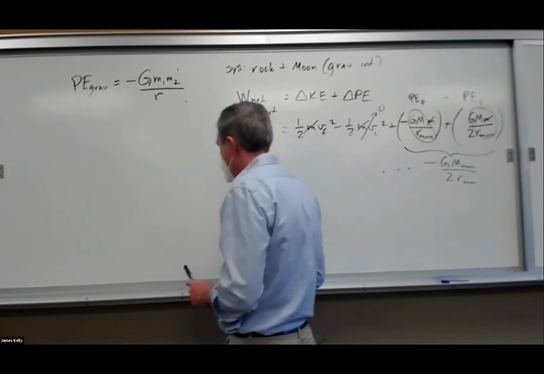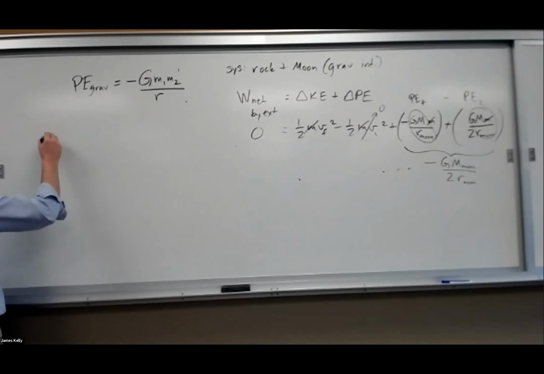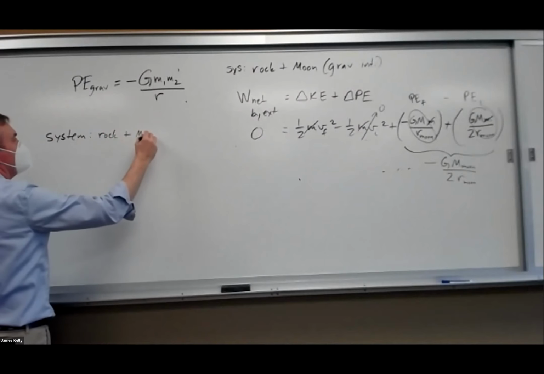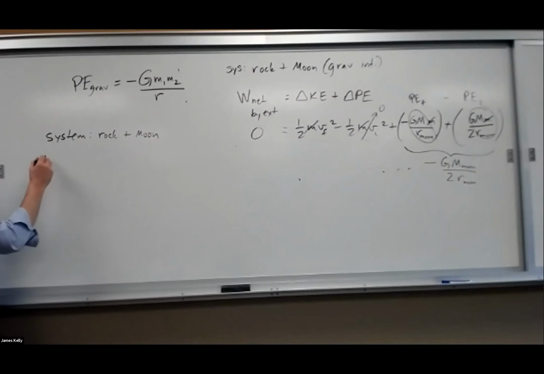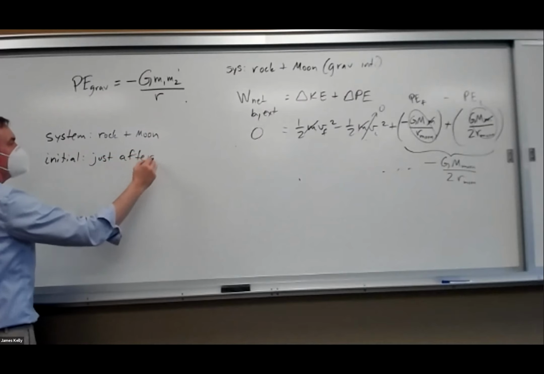So I know we don't have time to solve it, but let's just set up. Again, I'm going to take my system to be the same. Rock plus moon, gravity internal. Let's just describe what my initial state is going to be. Just after launch, that's easy.